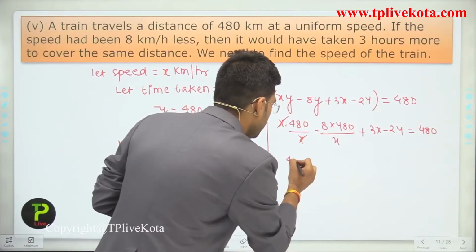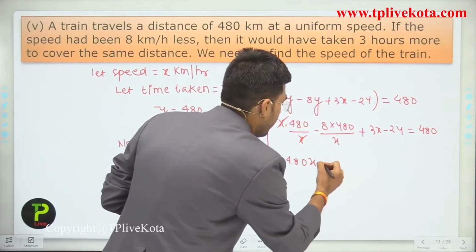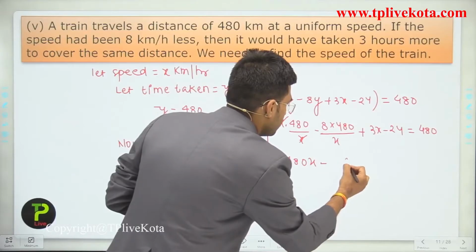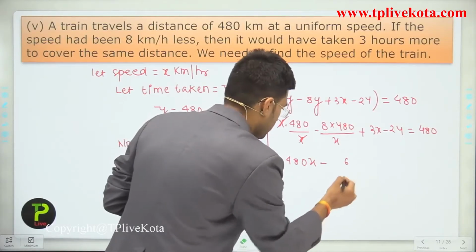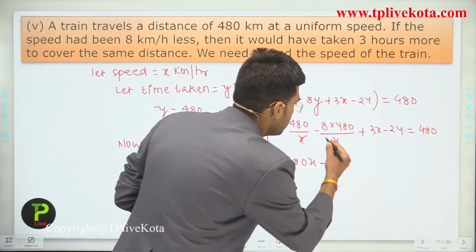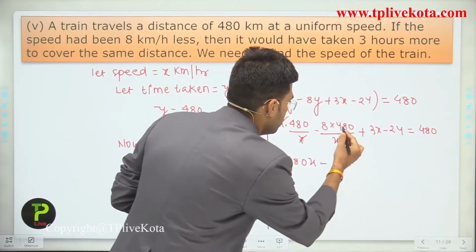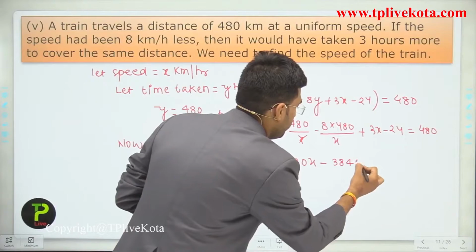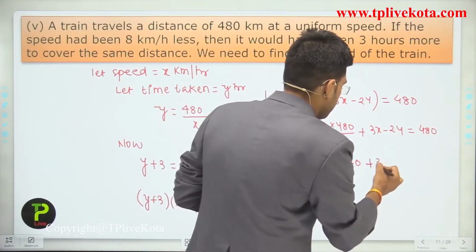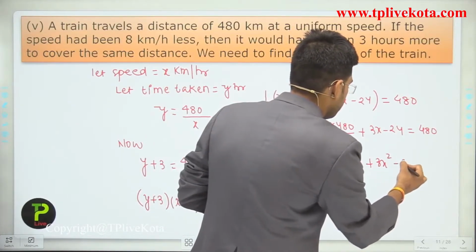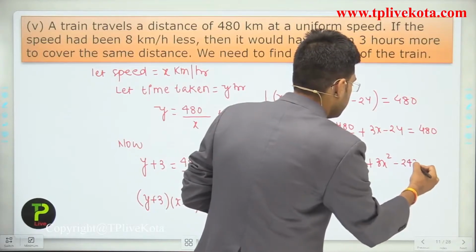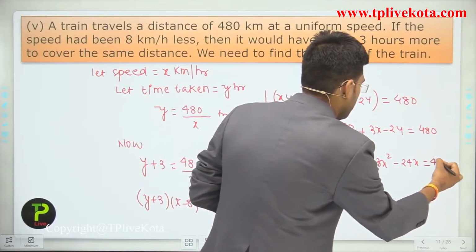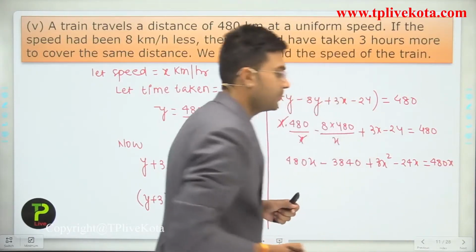It is 480x minus 3840 plus 3x square minus 24x is equal to 480x. Clear?